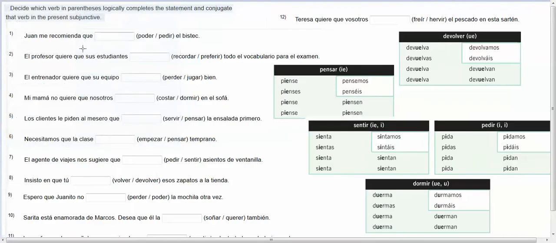Okay, so here we've got Juan me recomienda que poder pedir bistec. So Juan's going to be asking that I ask for bistec, pedir.